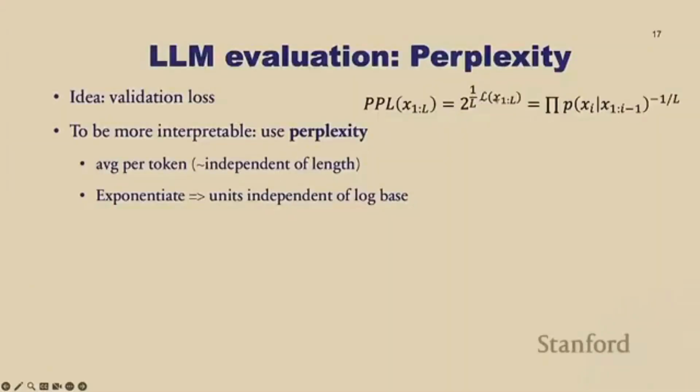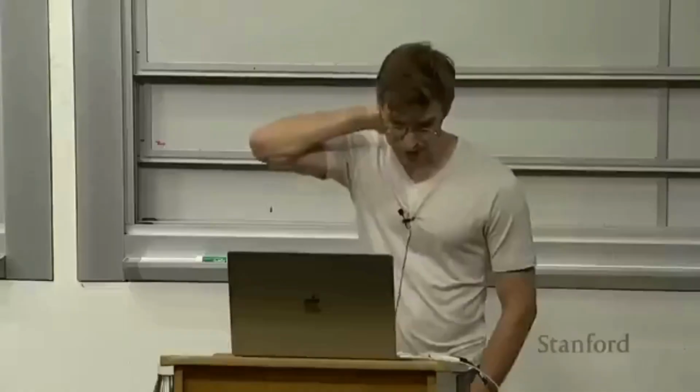While when you exponentiate, you basically have everything in vocabulary size units. And the average per token is so that your perplexity is independent of the length of your sequence. So perplexity is just 2 to the power of the average loss of the sequence. Perplexity is between 1 and the length of the vocabulary of your tokenizer.